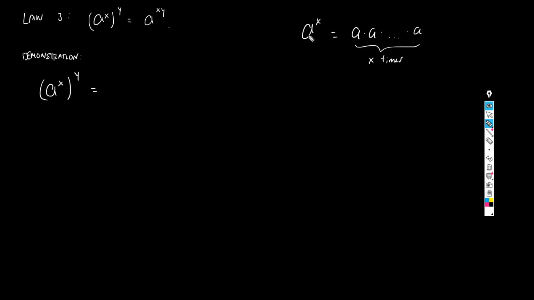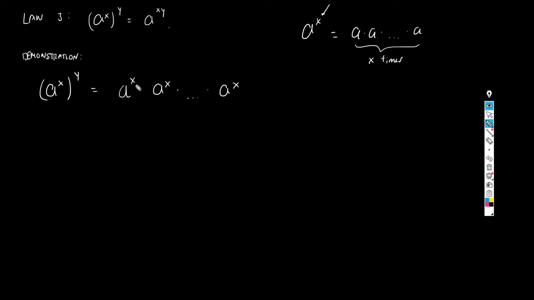It means the product of this number as many times as I'm told in the exponent. So consider this as a single number, guys. A to the x, consider this as a single unit. So I'm raising this number to the y, and by definition that's going to be equal to a to the x times a to the x times etc. times a to the x.